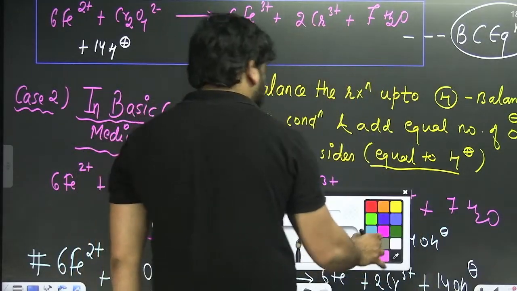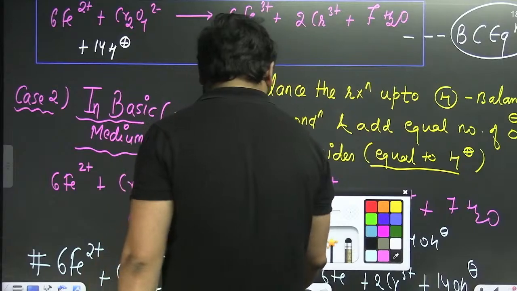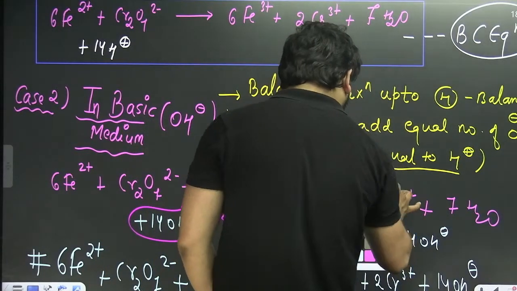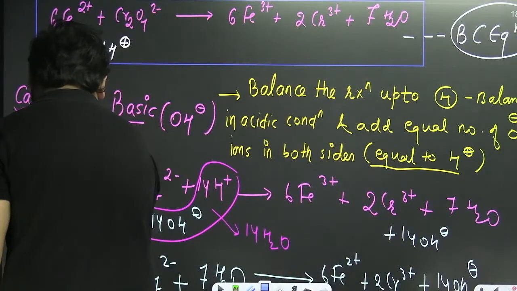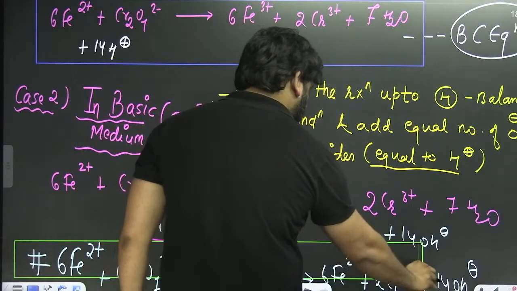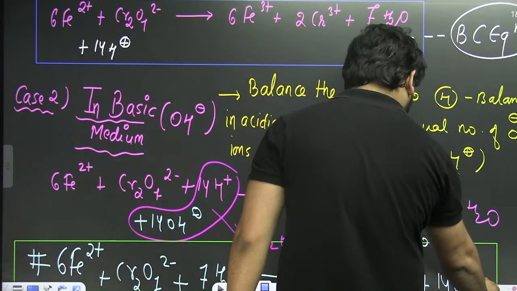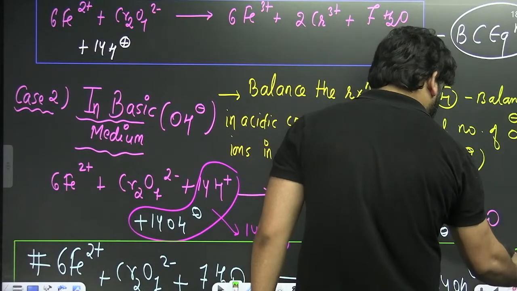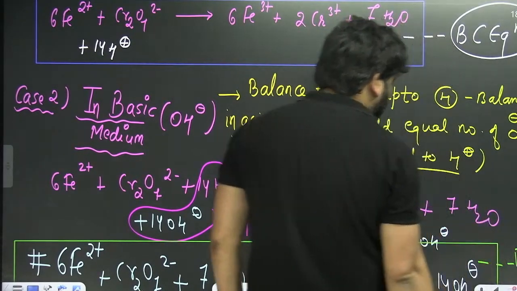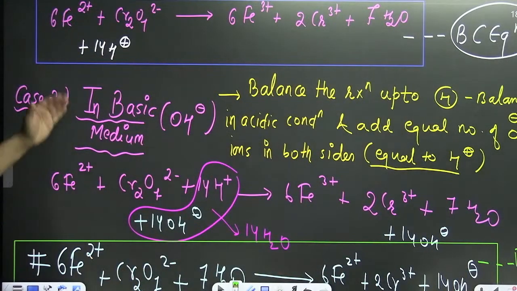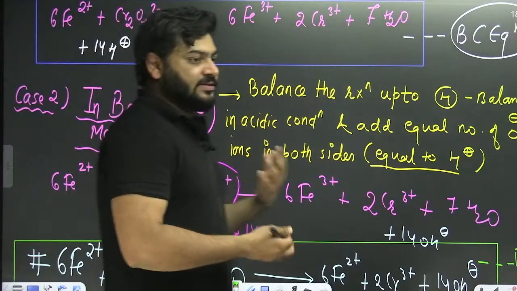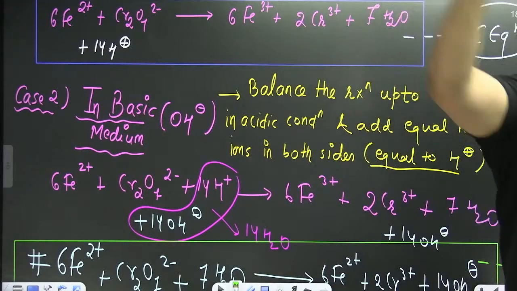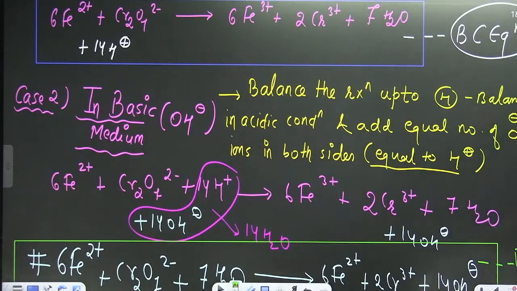This is your balanced chemical equation. That is what we do in acidic and basic condition. So guys, please revise it, write it properly, and try to understand how we are balancing in both acidic and basic medium.